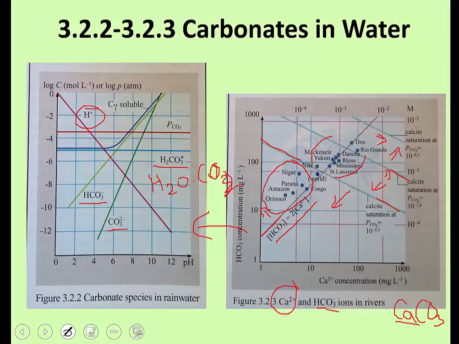Okay, so those are things like, actually the Rhine is a little bit off there, the Danube, it's a little hard to tell, is a little off, the Rio Grande, most definitely the Don River. Those are all kind of shifted up and over that way. And the effect of that is telling you something about the base that they're on, so how much calcium they have available. So these are going to be the low calcium over here. These are going to be the high calcium over here on this side.